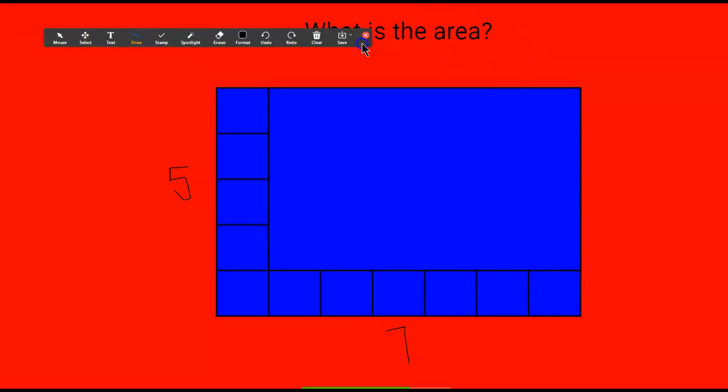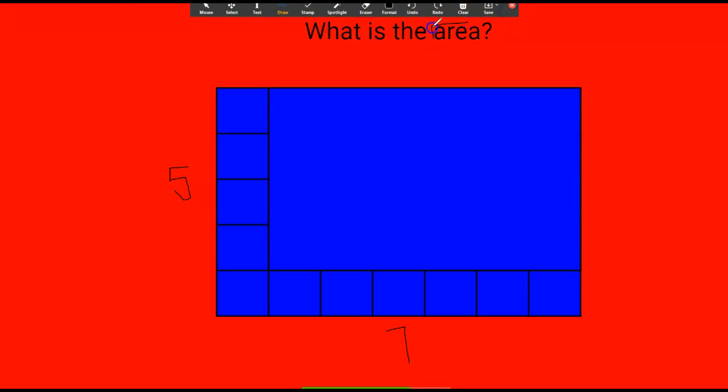Now I know if I see the word area that I am multiplying, okay? Always remember area means multiply. Well, now I have my numbers. Before that, if I didn't label this, I wouldn't know what I'm multiplying. But now I do. I know I'm multiplying 5 times 7. Okay? And I know 5 times 7 is 35. So 35 is my area.